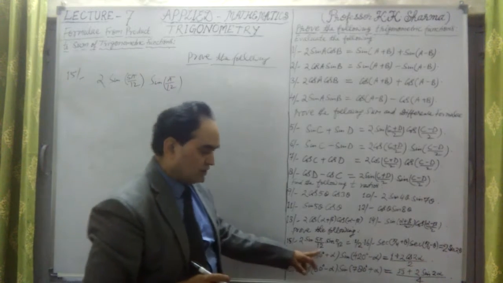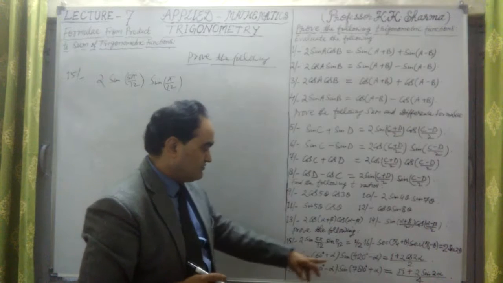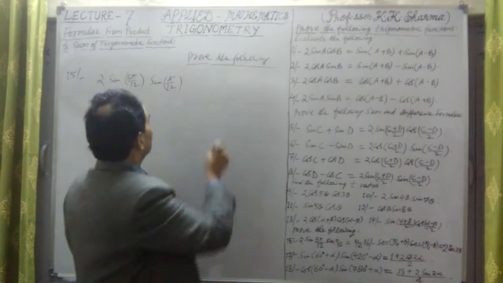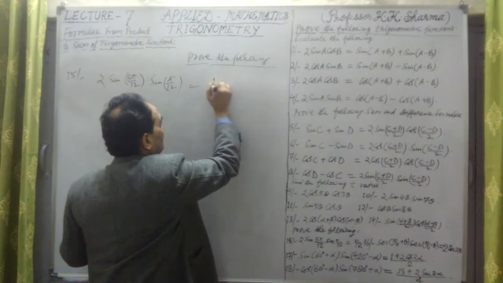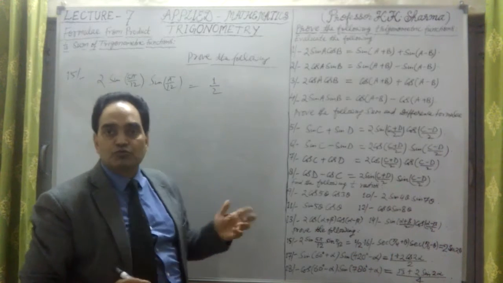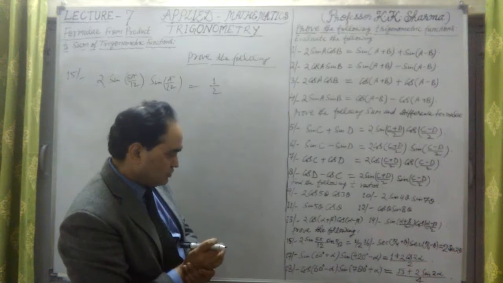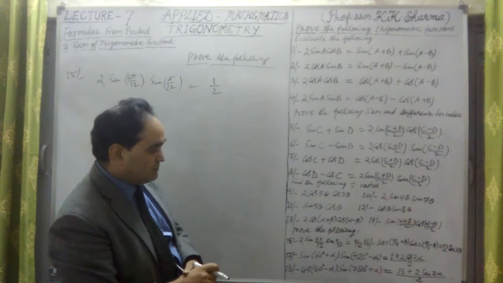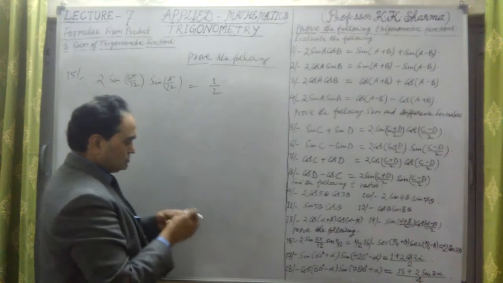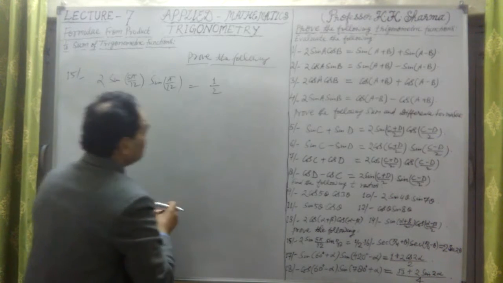Okay, so this is the 2 sine A sine B formula, which is equal to, we have to prove, 1 upon 2. Okay, this we have to prove. Simple logic: 2 sine 5 pi by 12 and sine pi by 12 is equal to 1 by 2. Let me prove this.